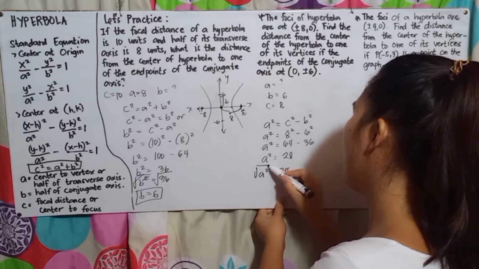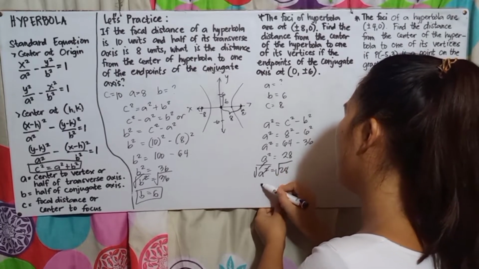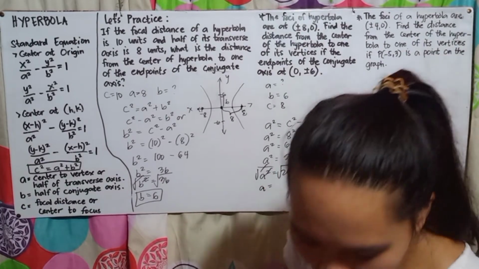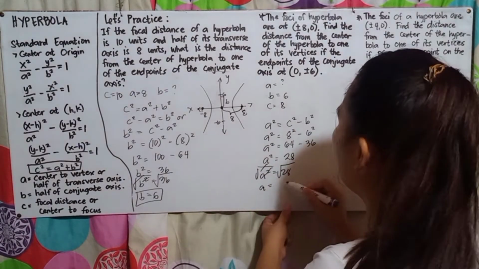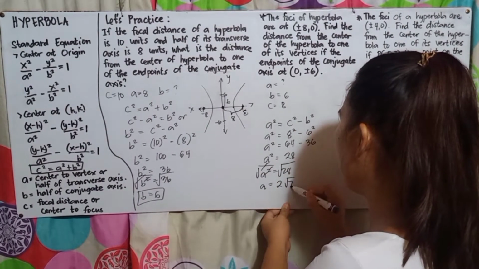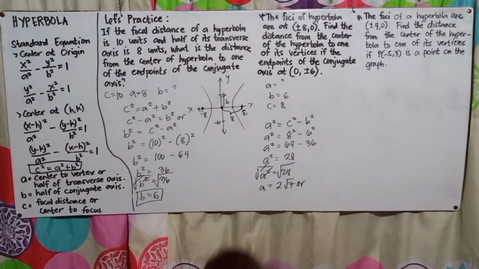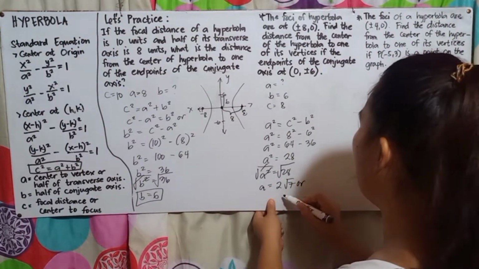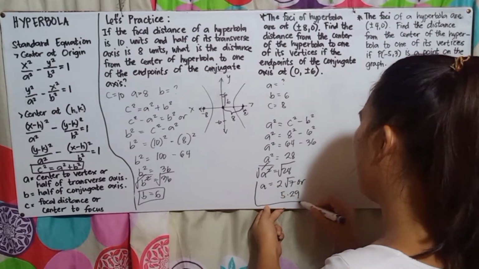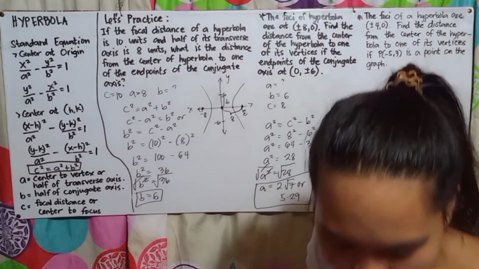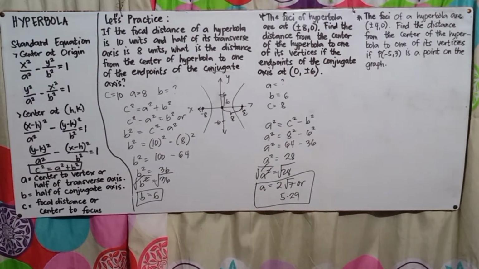So square root. A is the square root of 28, which is 2 times square root of 7, or 5.29. So this is now our answer.